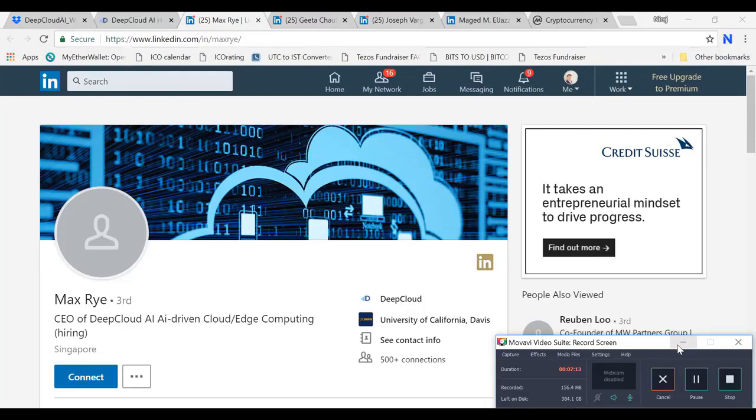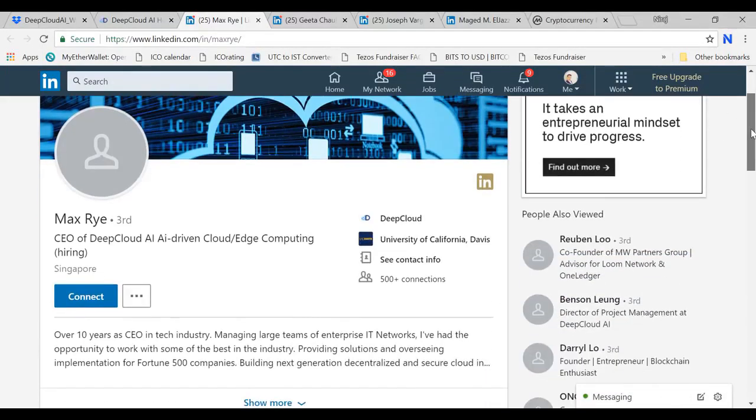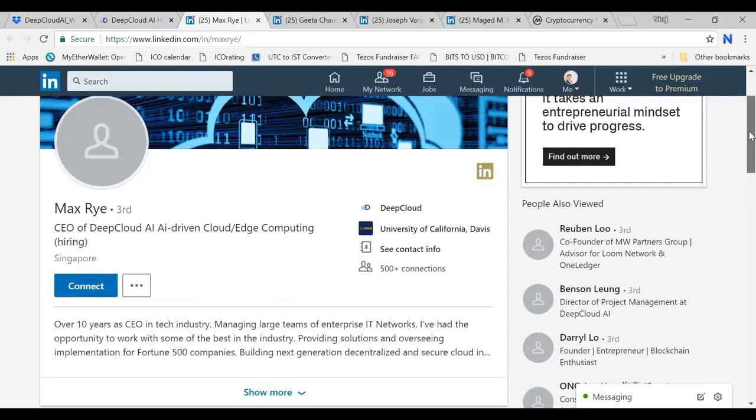So Max Rai is the CEO of DeepCloud AI, and he has over 10 years of experience as CEO in the tech industry, managing large teams of enterprise IT networks. He had the opportunity to work with some of the best in this industry.